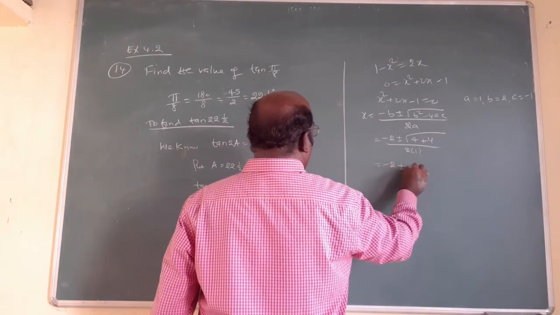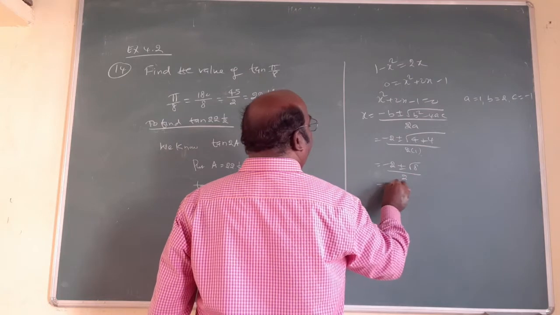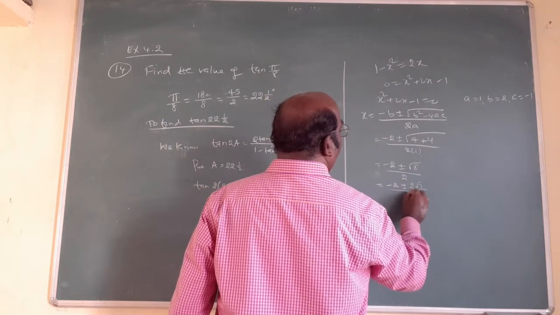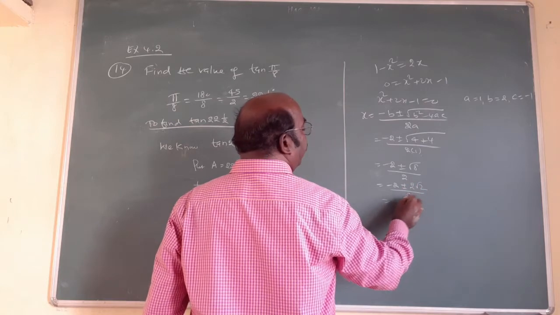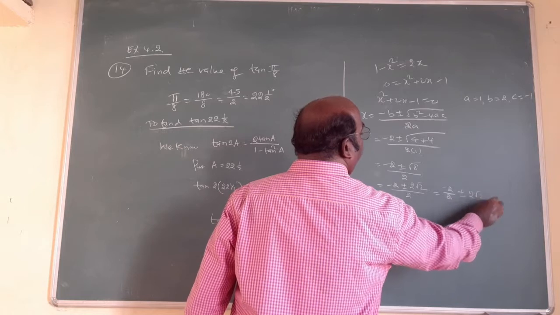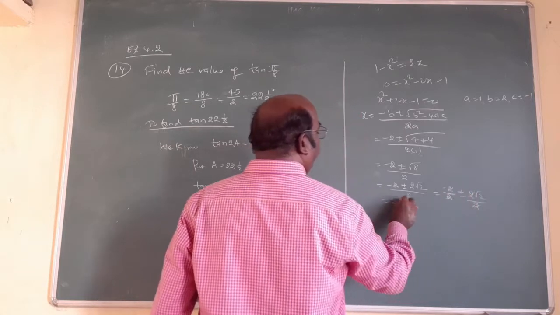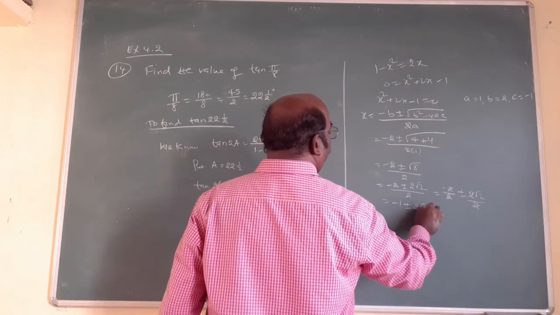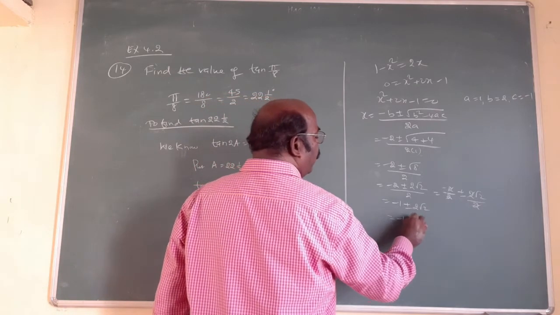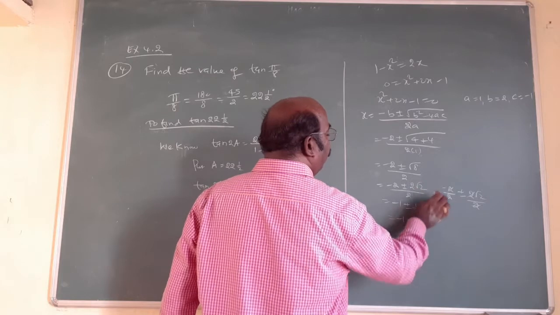Minus 2 plus or minus root of 8. The 8 can be written as 4 into 2, so 2 root 2. Now divided by 2. What is the answer? This can be minus 2 by 2 plus or minus 2 root 2 by 2. Cancel down: minus 1 plus or minus root 2. Now here you write the answer: minus 1 plus root 2, since the 2 cancels down.